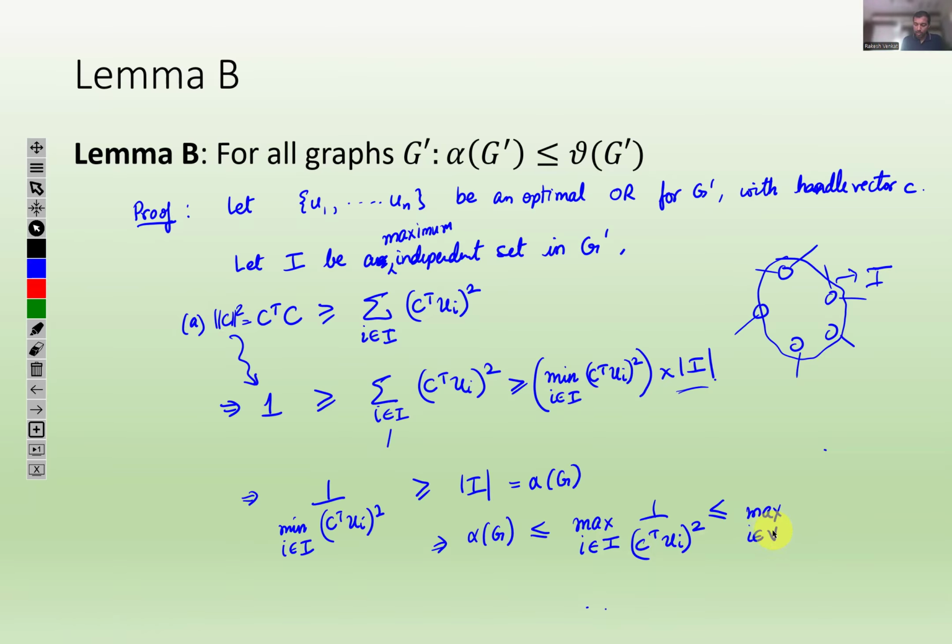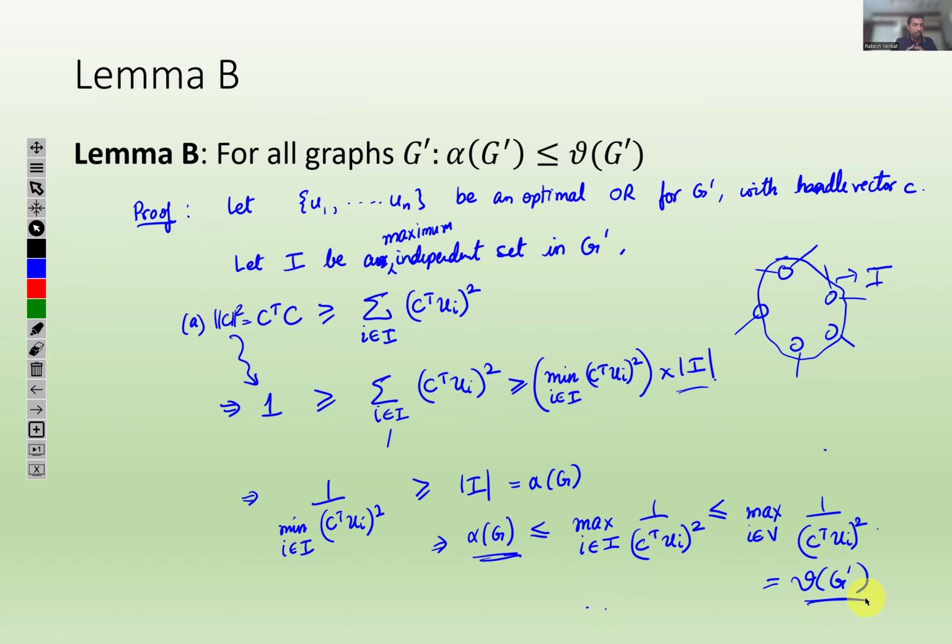I'll just expand it to everything. Okay, and notice that this last thing is nothing but theta of G prime. So what I've shown is that alpha of G prime is less than or equal to theta of G prime, as promised. Okay.